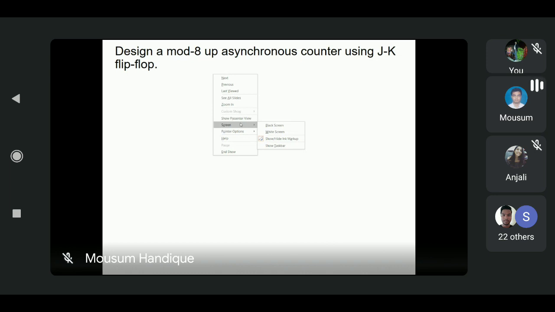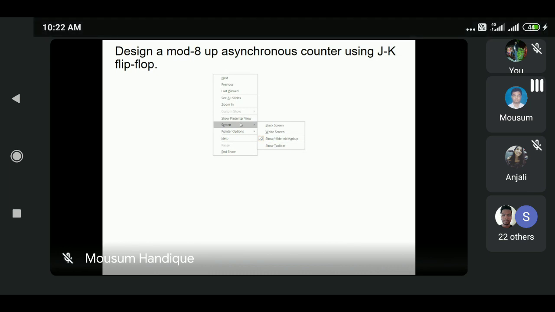In our previous question, design a mode 8 up asynchronous counter using JK flip flop, we did not mention any positive or negative edge. If the question comes in that fashion, by default you can use negative edge triggered or positive edge triggered.